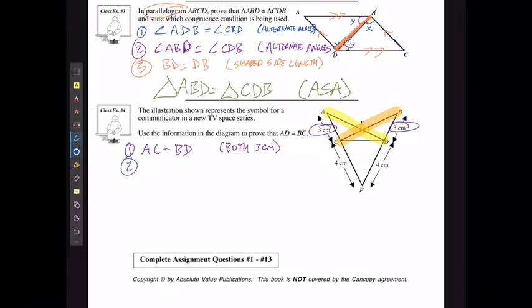Then we're going to state that CD is equal to DC, because they're both the same side. Or I can call it shared side length.